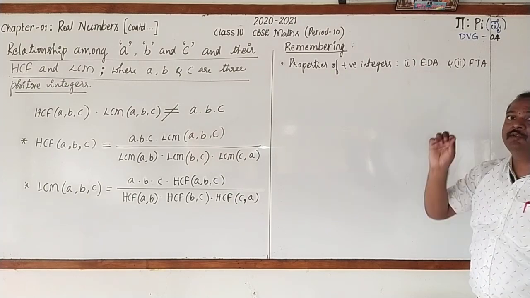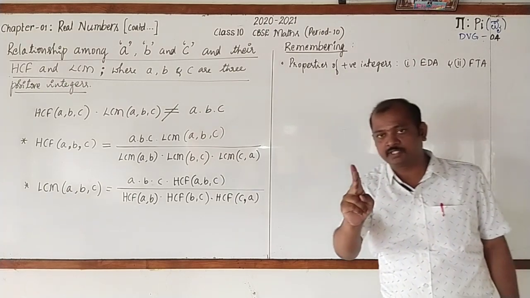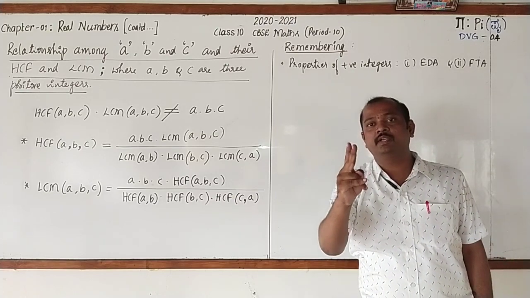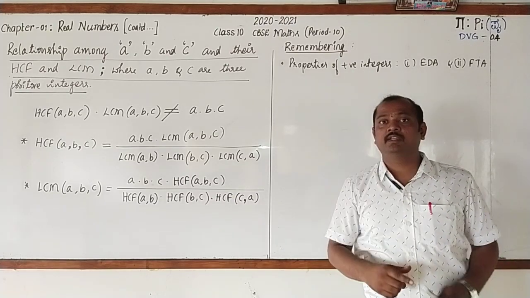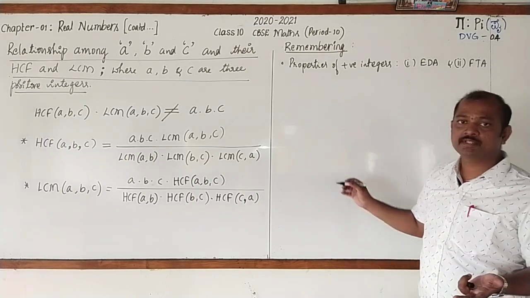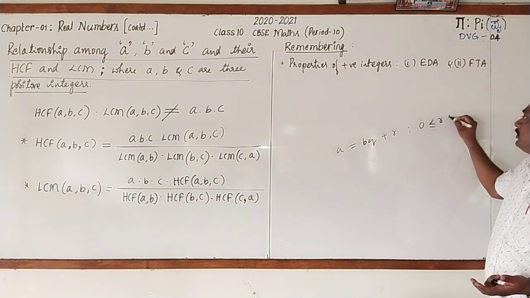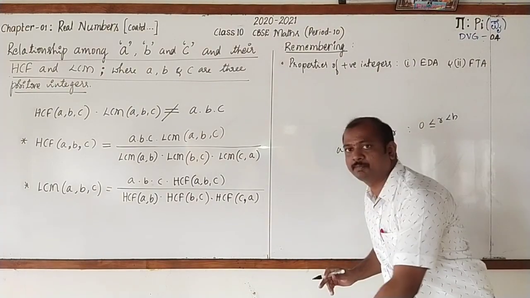EDA states that if A and B are any two positive integers, then there exist two unique positive integers satisfying A equal to BQ plus R, where 0 is less than or equal to R less than B. Such a simple one.